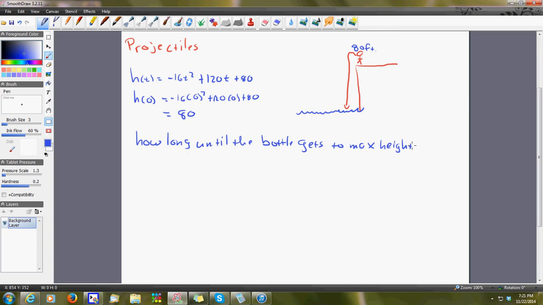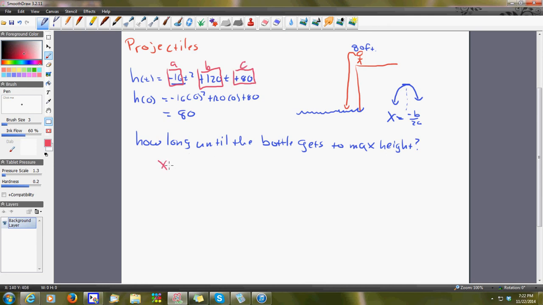Well, in order to find that, you have to realize that we're working with a quadratic function, and quadratics look like that when their leading coefficient is negative. And so it will have a max height, and that's found by using the formula x equals negative b over 2a. Well, no refresher. This is my a. This, and notice I'm keeping my signs, is my b, and this is my c.